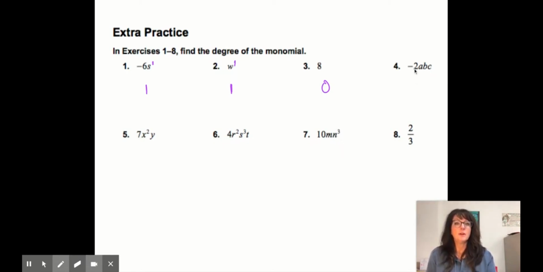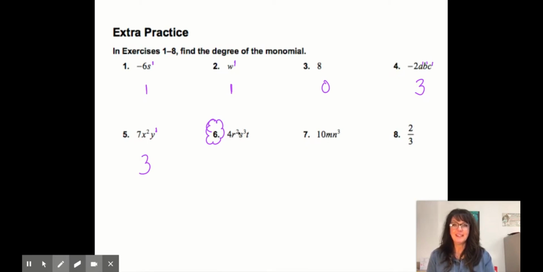So for number 4, A is 1, B is 1, C is 1, the degree is 3. You add all of them together, okay? For 5, 2 plus 1 is 3. I want you to do number 6. Pause the video and do that real quick, and then check your work.